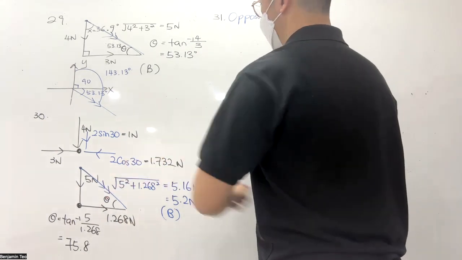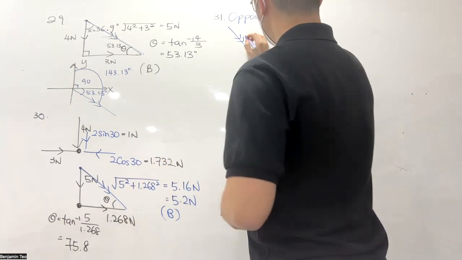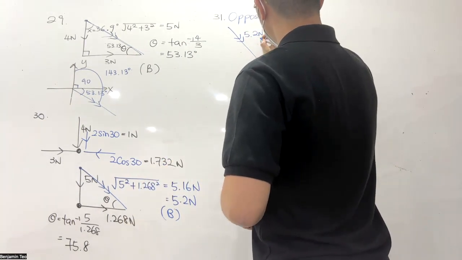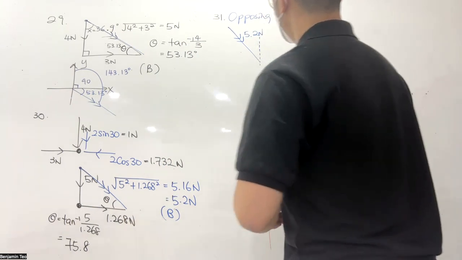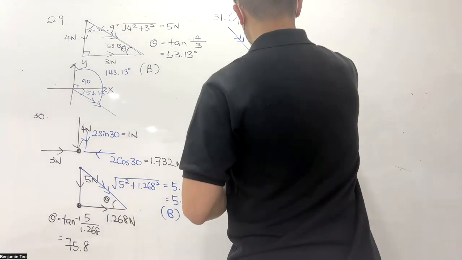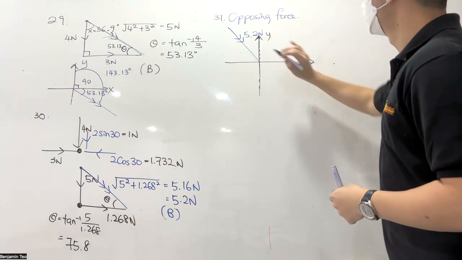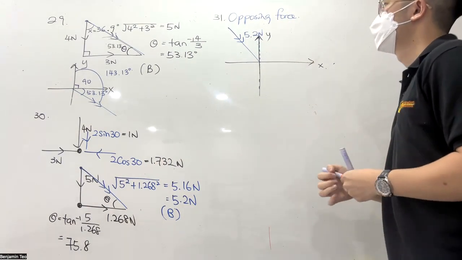Is this your resultant? Let's draw it first. This is 5.2 Newton. Let's put the Cartesian axes, easier to see. You put it like this. Y. Okay.